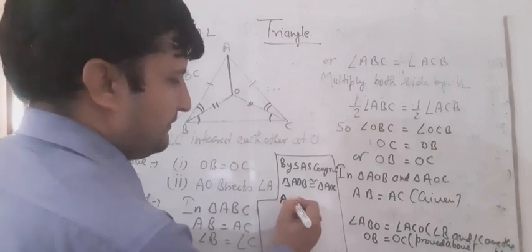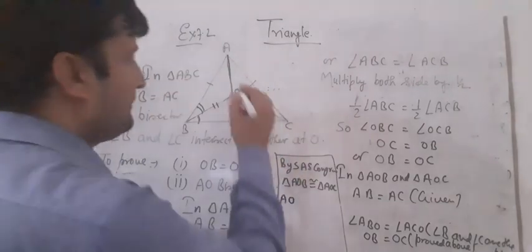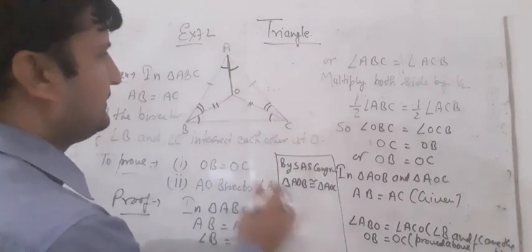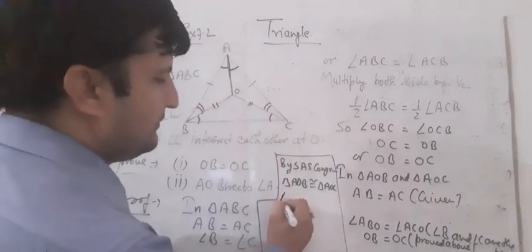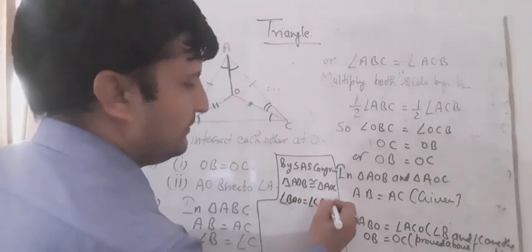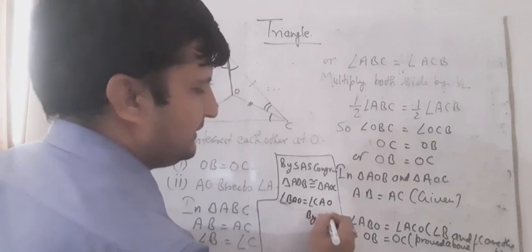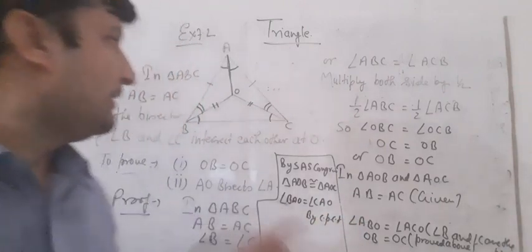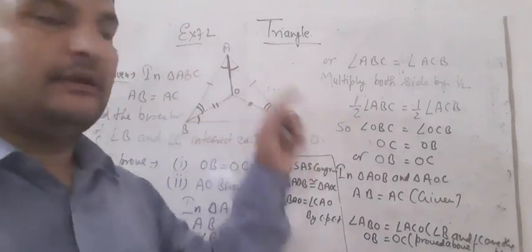so we can say that this angle is equal to this angle. It means angle BAO is equal to angle CAO by CPCT. By CPCT we can say that angle BAO is equal to angle CAO.